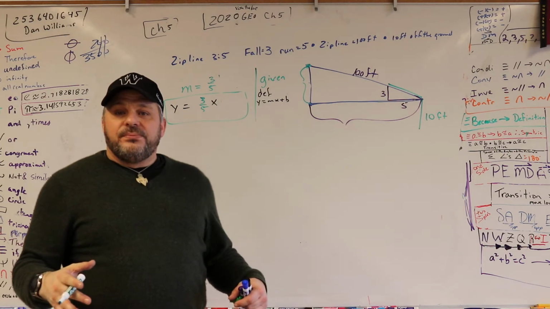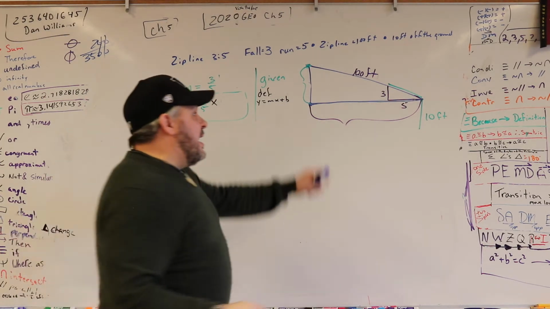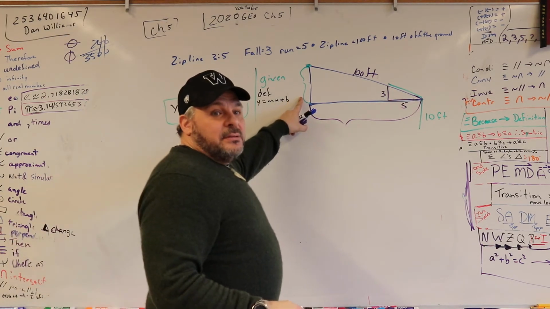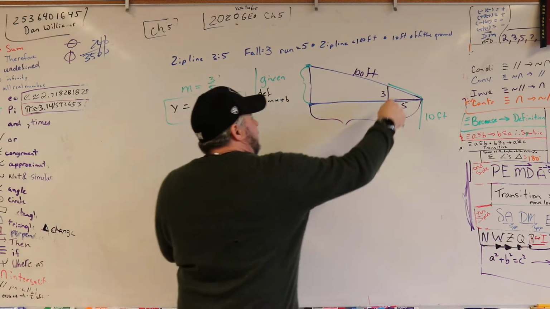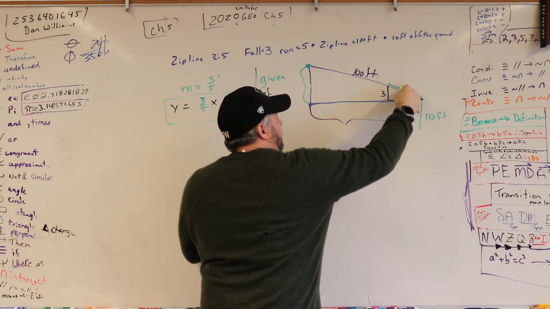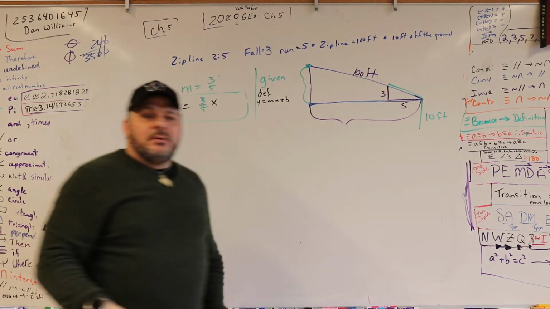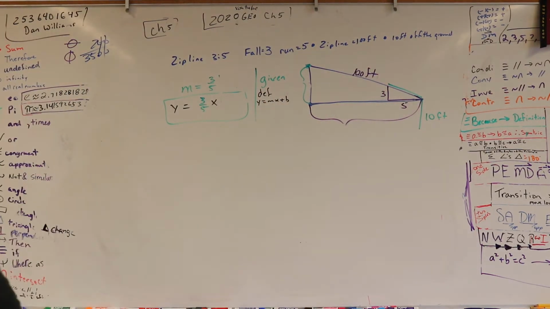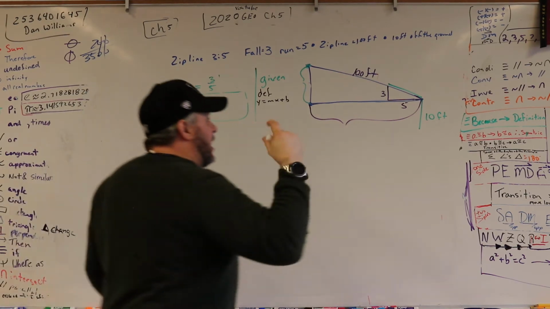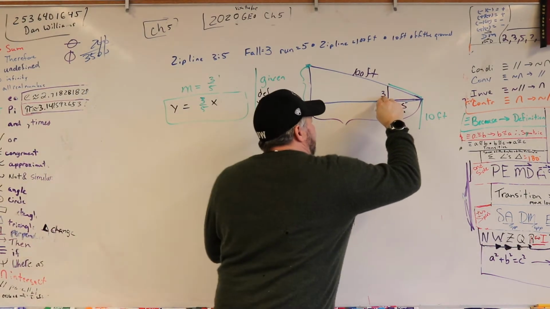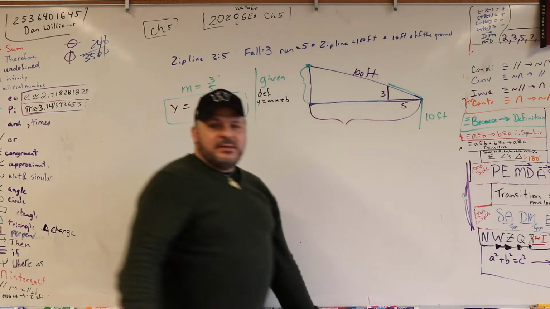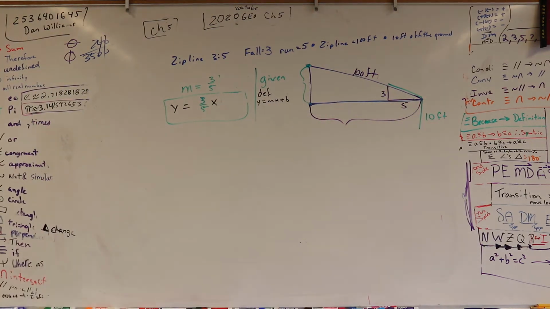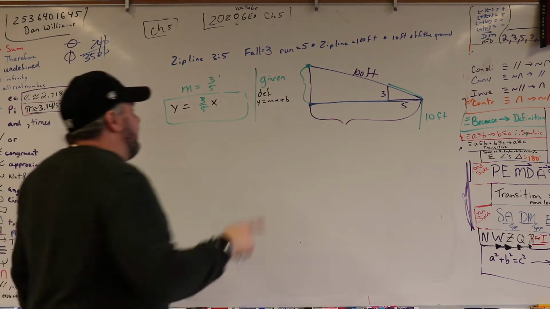But to find out how high that is, I have to find the ratio. What do I multiply this number by in order to get this? Once I have that ratio, because these are similar triangles, I can multiply that same number by this to get this. Does that make sense? But until I do that, I can't do it.